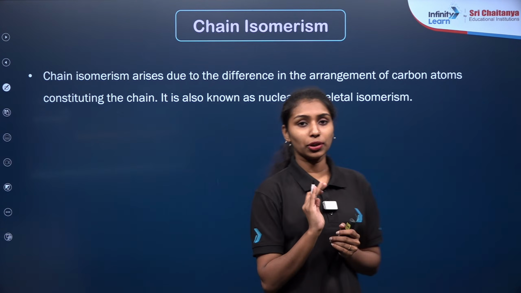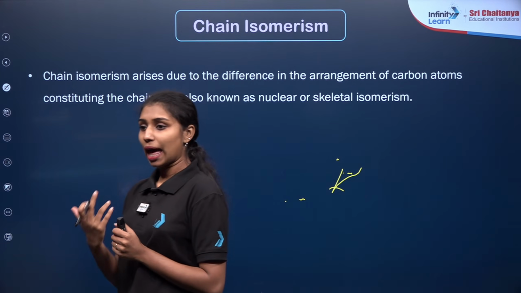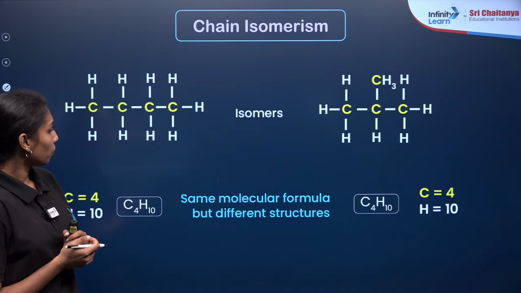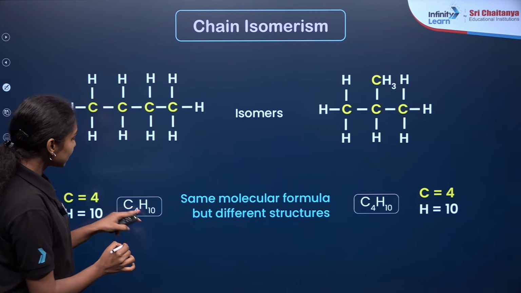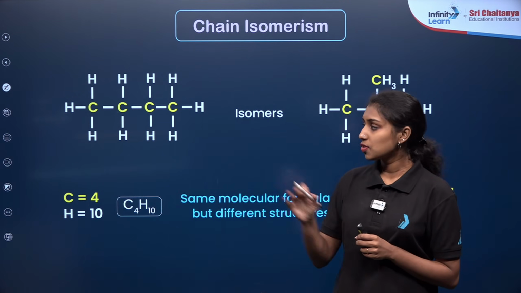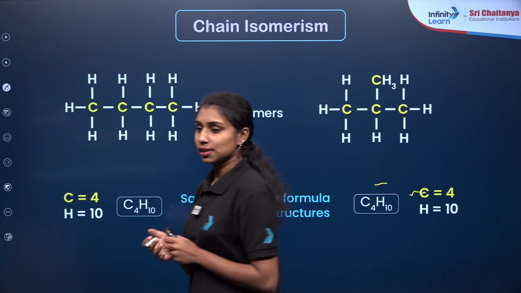As we already know, in the case of carbon compounds, there will be a longest chain or a straight chain. Let us see one example here. What are you observing here? This is the same compound of formula C4H10, C4H10. What is the difference between these two compounds?